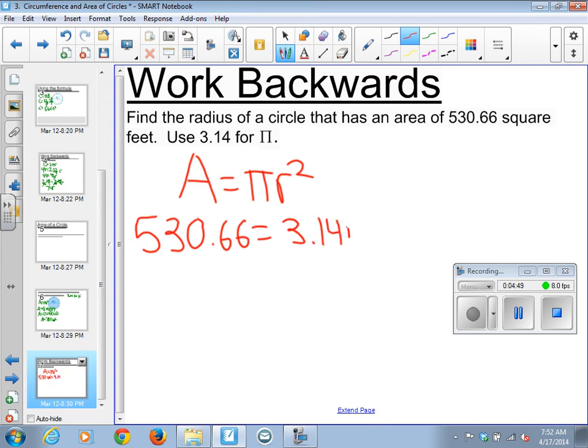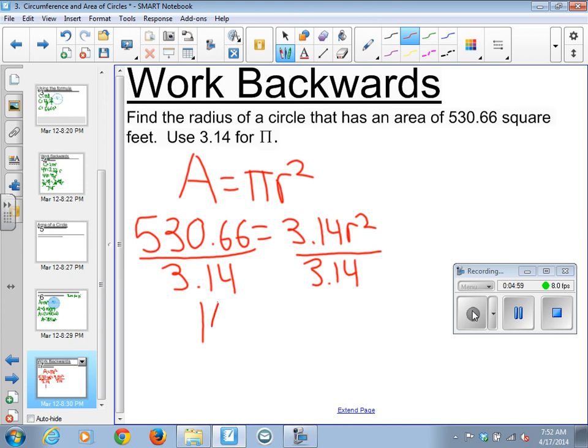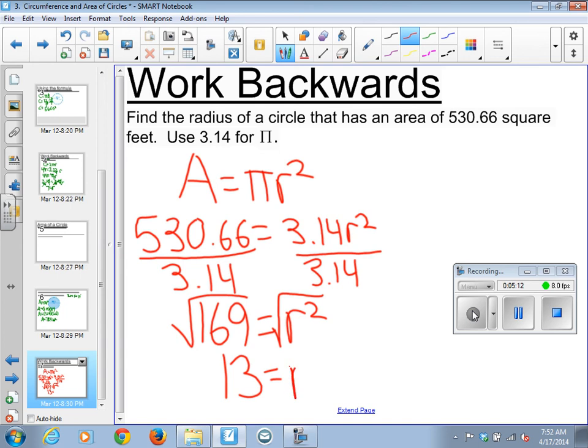We have no idea what the radius is yet. Go ahead and divide both sides by 3.14. And we should end up with 169 equals radius squared. Undo squaring by square rooting, which gives us 13 feet as our radius. This concludes your lesson on circles.